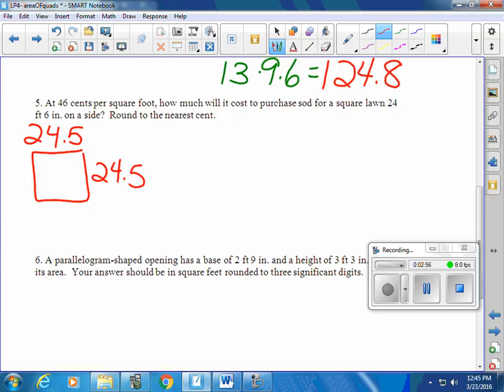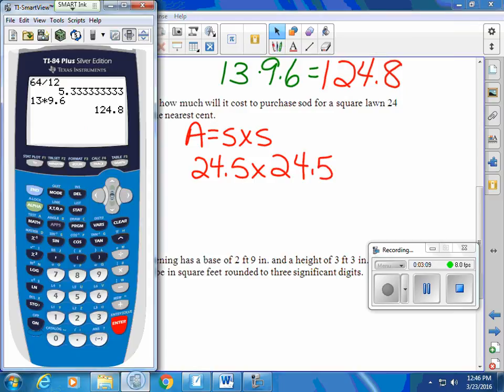Now to find the area, it's going to be side times side. So we're going to write 24.5 times 24.5. Bring up my calculator. 24.5 times 24.5.